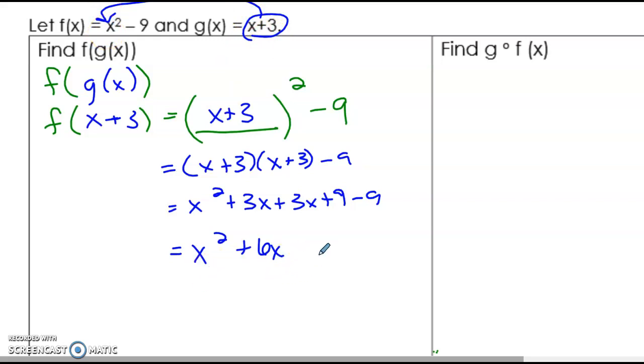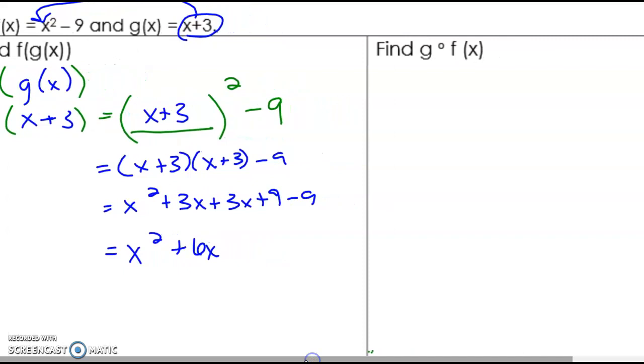Okay, how about g of f of x? So same equations, just the other way around. This time I want to plug in the f equation to the g equation. So I'm going to go g of f of x. And again, this is just a different notation, g of f of x. You'll see it written a couple different ways.